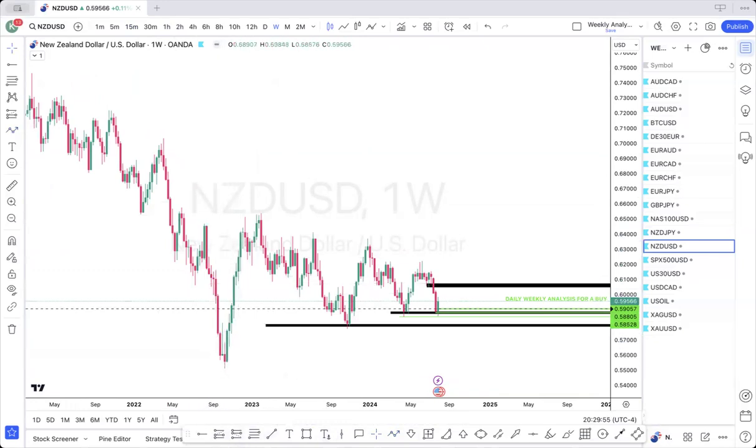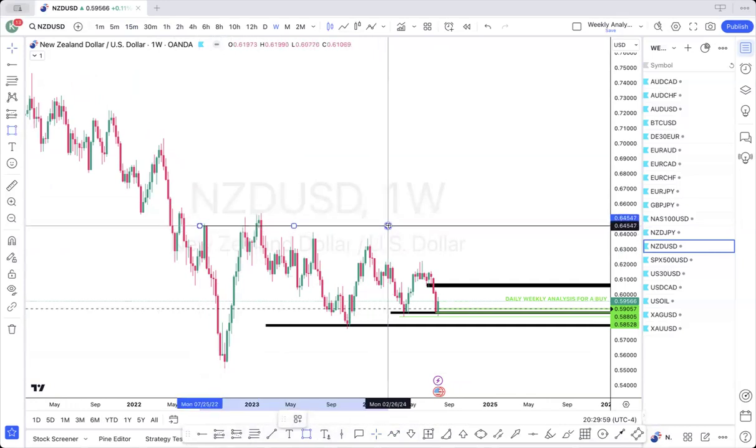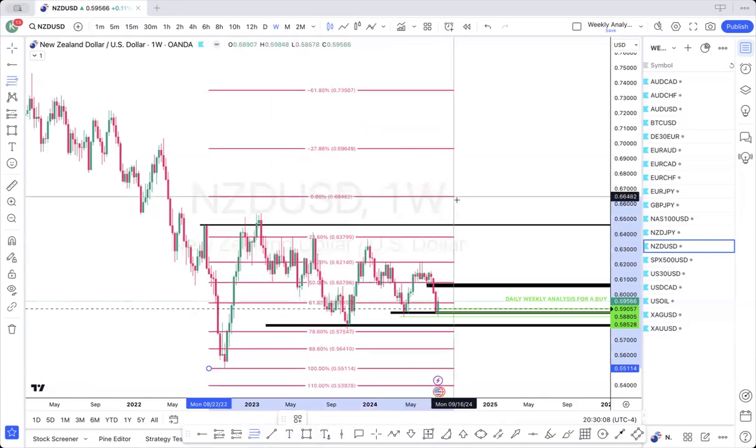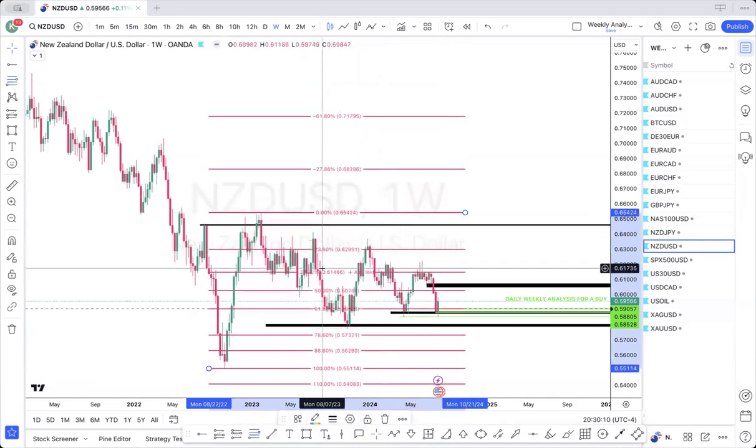We can see that price broke above, closed above that zone. Okay, price closed above that zone. So once we see a candle close above our zone, we can fib. Price has pulled back to the 618.